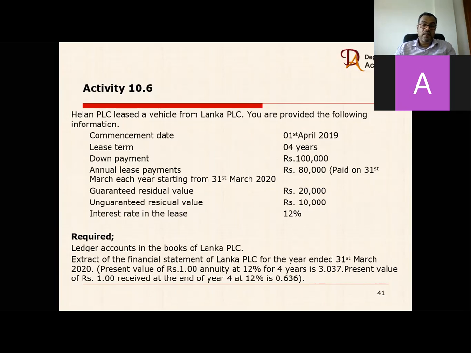But the net investment would be the present value of all those payments made after 1 year, discounted at 12% plus this 100,000. So that is the picture that you should have in your mind before attempting the question. Once you read the question, you must be able to grasp these essential points, inherent points, characteristics of this lease agreement.